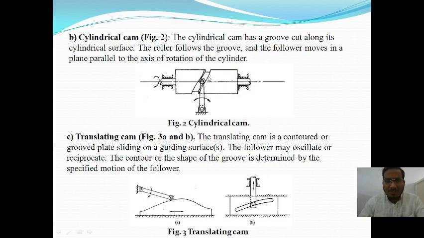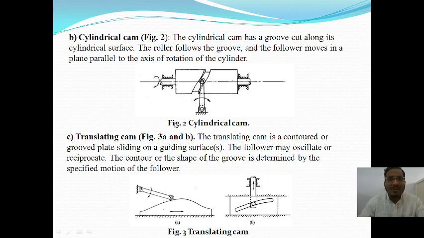Here the groove is there. In that cylinder we cut a section, and that is called a groove. Along the cylinder surface, the roller will move in the groove, and then the follower will move as well as the roller, parallel to the axis of rotation. So that is called the cylindrical cam mechanism.